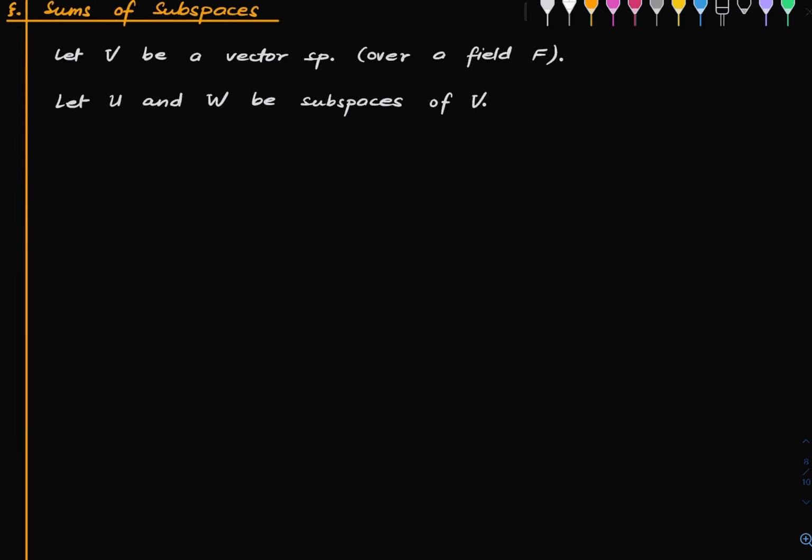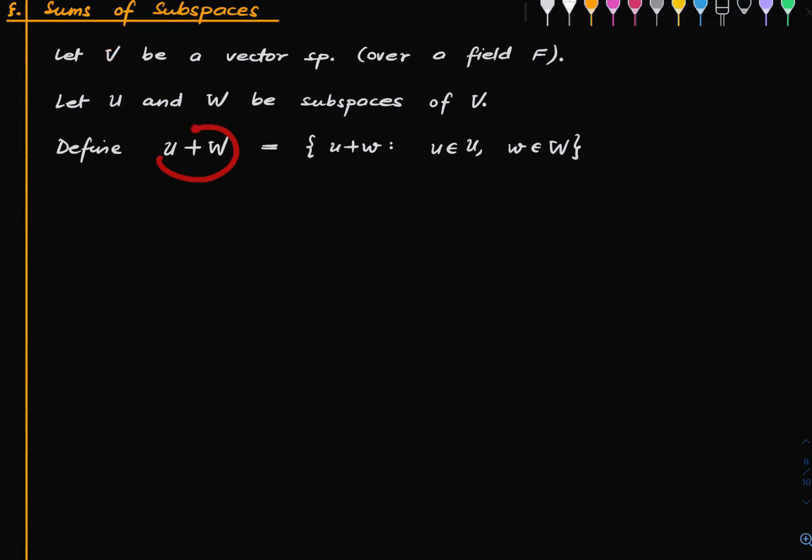Finally, sums of subspaces. We could have discussed this in the examples portion, but let's do it separately. So fix a vector space over a field F, and suppose we have two subspaces U and W of the vector space V. Define U plus W as all the vectors of this form, u plus w, where you pick the first from U and the second from W. So this plus has nothing to do with any plus that we have seen before.